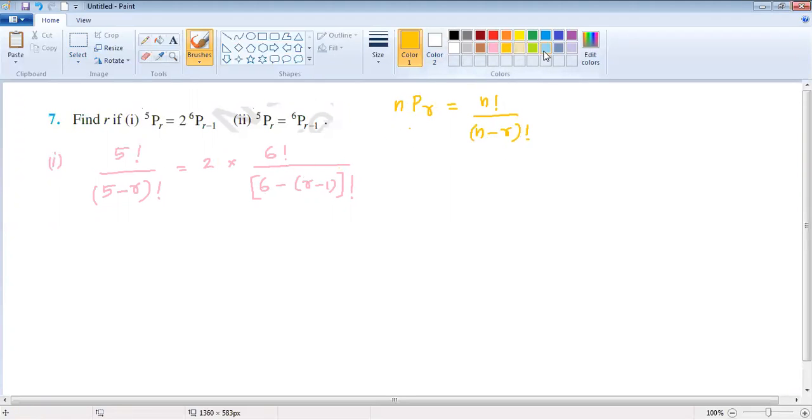So coming back to that, it is 5 factorial divided by 5 minus r factorial, which is equals 2 into 6 factorial. Don't write it as 12 factorial. This 2 is different. 2 into 6 factorial divided by 6 minus r minus 1, that is plus 1. So 6 plus 1, 7. 7 minus r factorial.